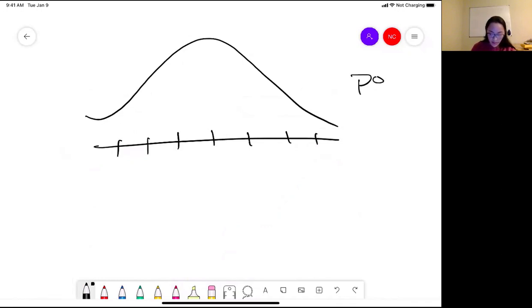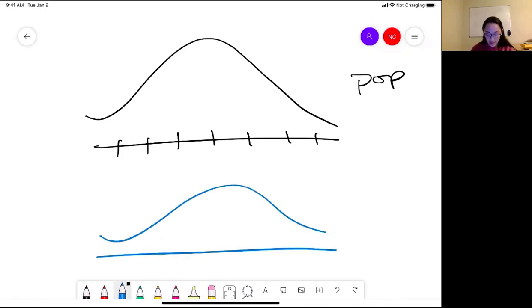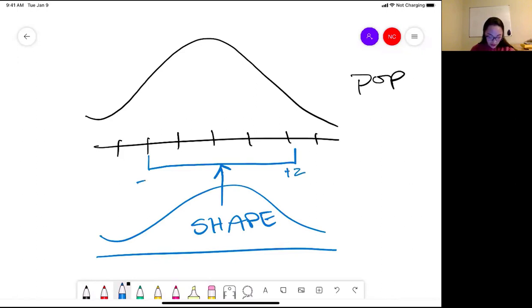But remember, if this is a population and we have a sample that we're throwing into this, in this case we're evaluating shape. So instead of a mean, we just want to know if we threw this distribution shape into the population, would it land between plus and minus 2 standard deviations?